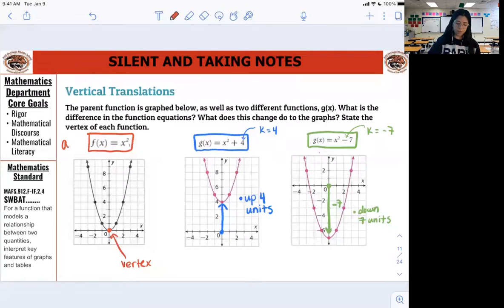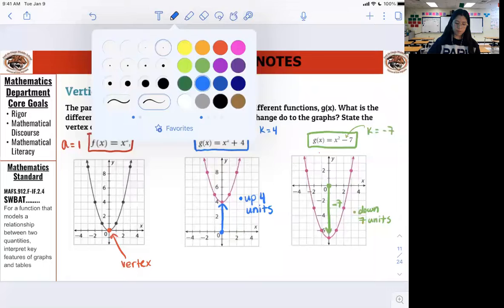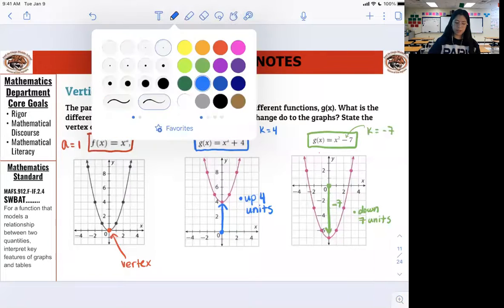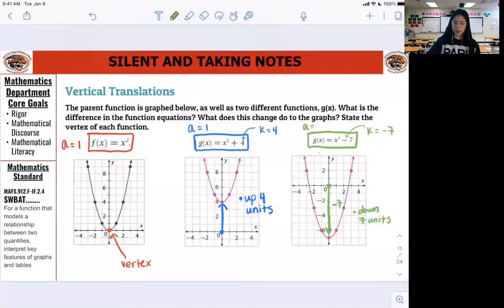No. For my first one, a equals 1. For my second one, a is still 1 because I haven't changed it. For my third one, a is also 1. Because the leading coefficient is what changes the direction and the width. But when you add a number at the end of it, it's not going to change the width. It's not going to change the direction.